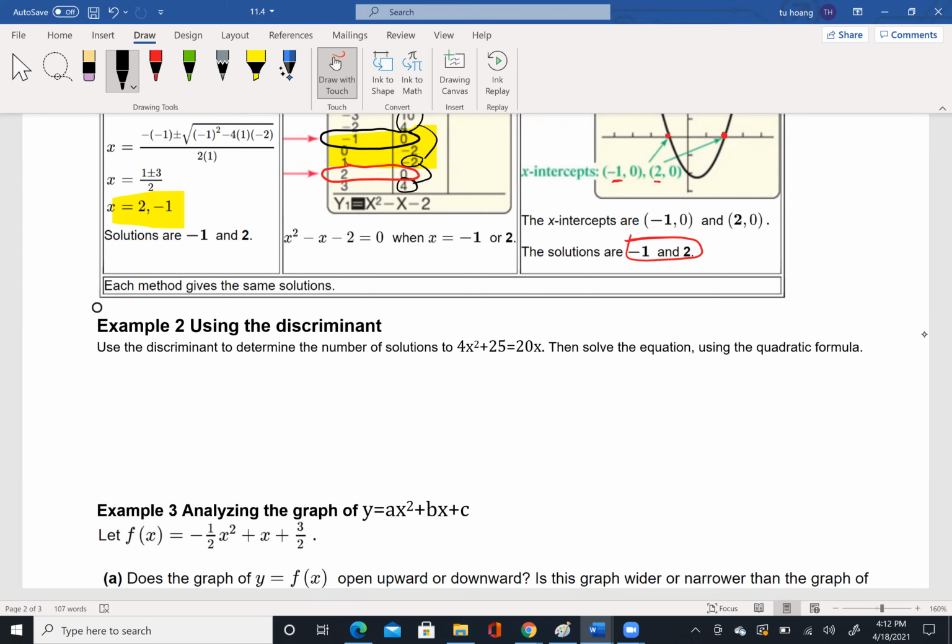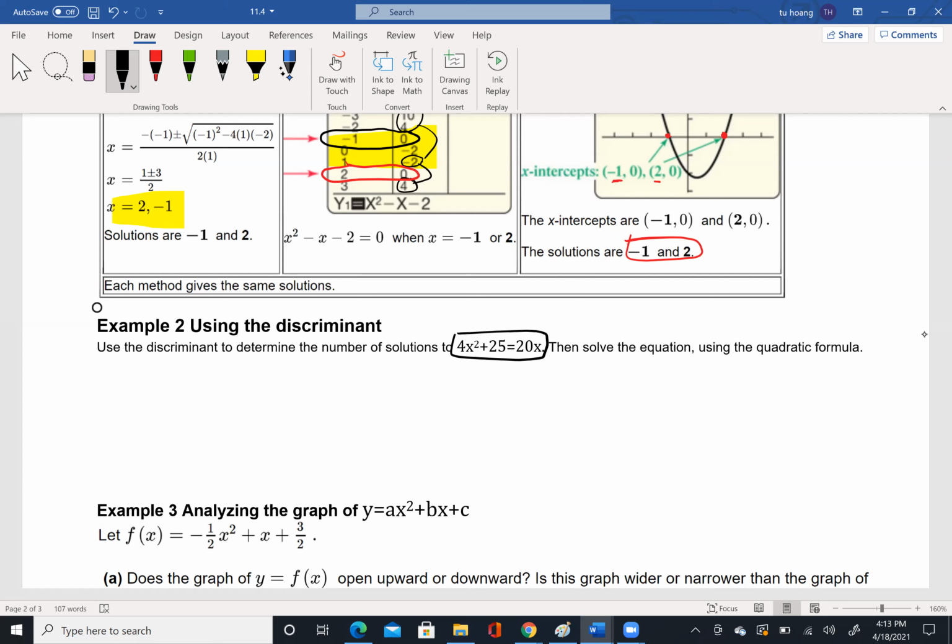So in this case, you can see that this equation hasn't been put in quadratic general form.